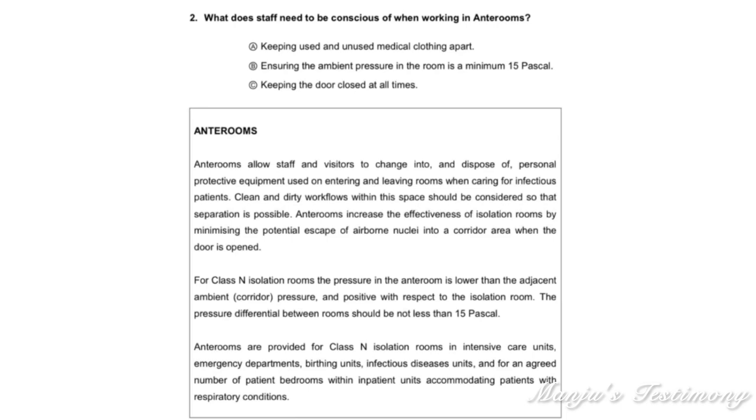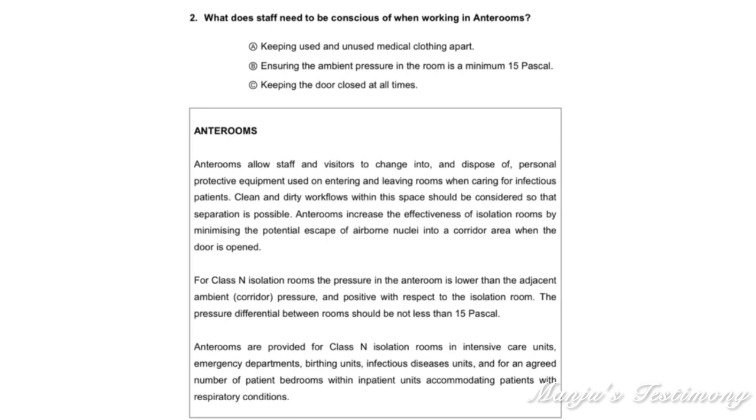That's fine, because the isolation room is already infected, and if the air passes from outside to inside, that's okay. But the isolation room's aim is to prevent the escape of air from the isolation room to the outside corridor, because the air inside is infected, and if it escapes it will infect all other people in the outside corridor. That's why we keep the room under negative pressure.